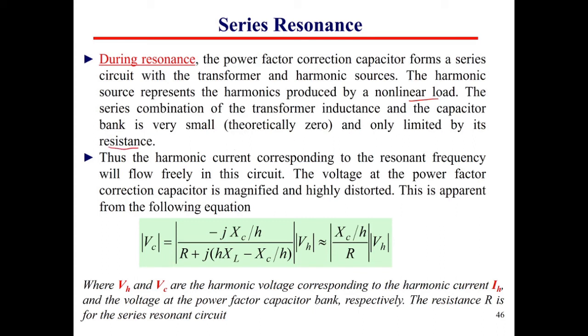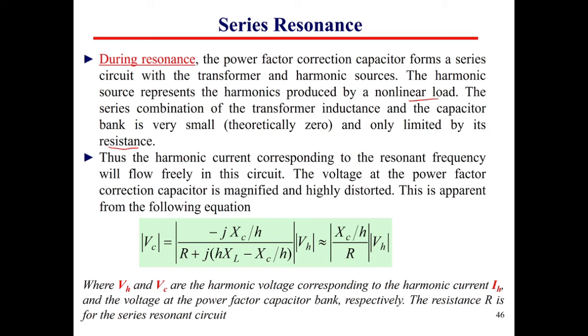Of course, during resonance, XL will cancel XC, so the current will be limited only by the resistance. And the voltage at the capacitor bank will be magnified and highly distorted. Again, this is during resonance.